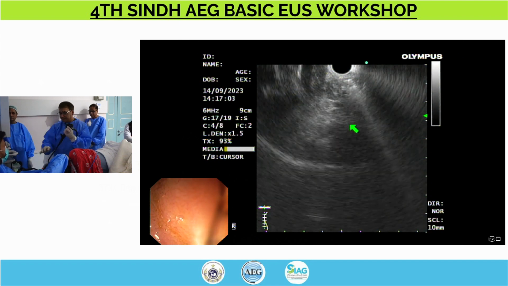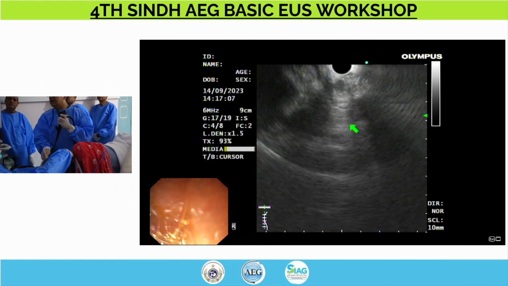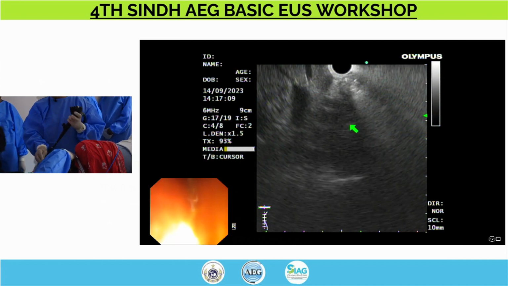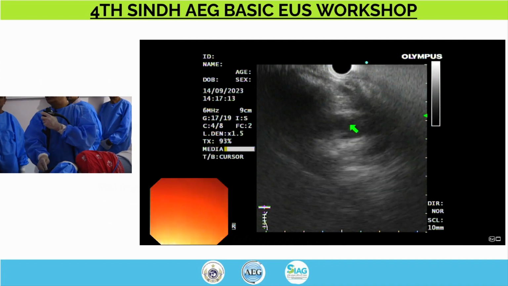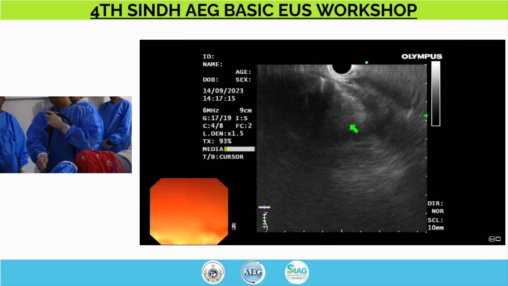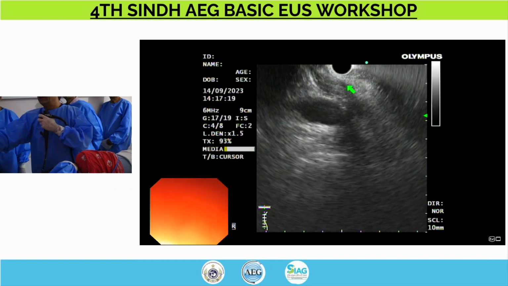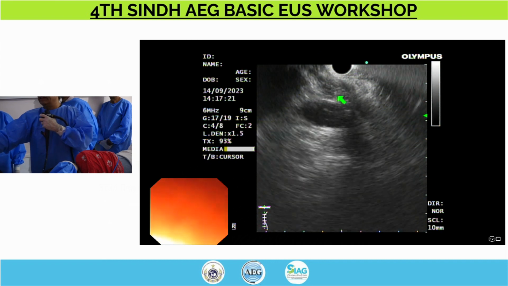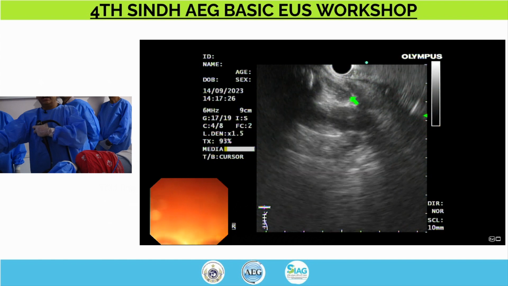Once you do that, your scope is still kind of straight, and you do a right or left torque. And usually you should be able to, we don't have a very good view here, but I think right here is the portal vein. That is the bile duct right there. There's some junk in there.